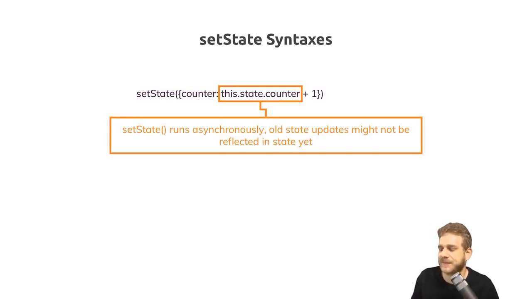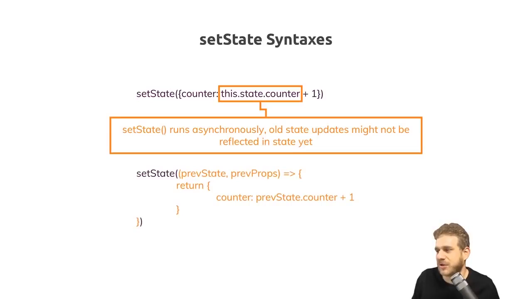It's asynchronous. There is a second version of setState, this one here, where you pass a function to setState, a function that receives the previous state and previous props. Now, the important difference to the first version is, in the first version we used this.state inside of setState, and due to the asynchronous nature, we might be referring to an older this.state than we expected.